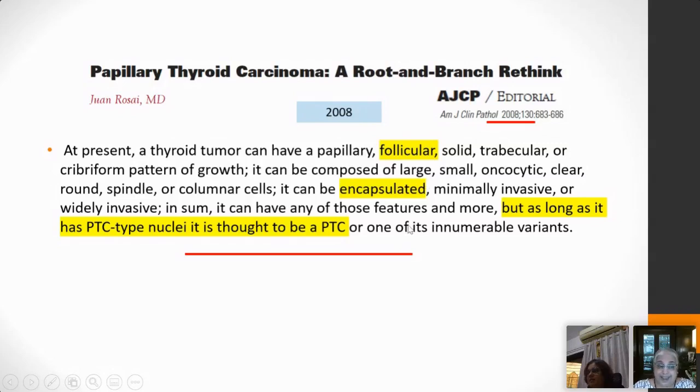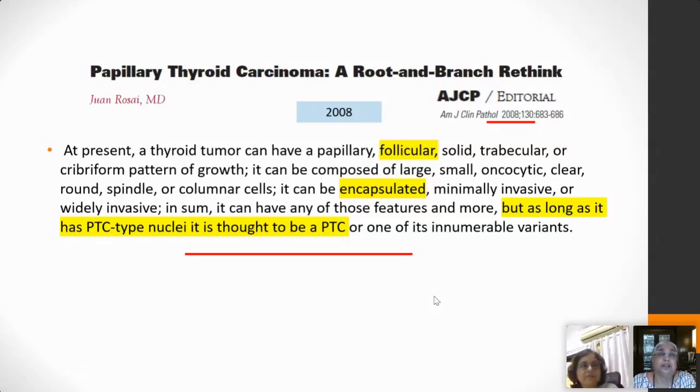It can be encapsulated, and that's what we are going to be discussing today, minimally invasive or widely invasive. In sum, it can have any of these features and more, but as long as it has what we have just defined as PTC type nuclei, it is thought to be a papillary thyroid carcinoma or one of its innumerable variants.